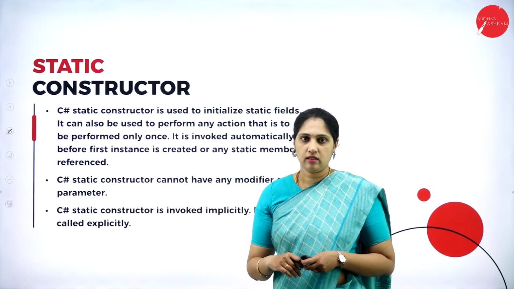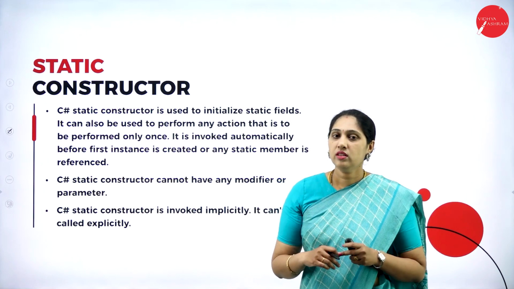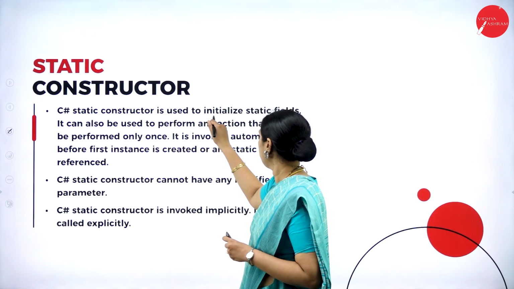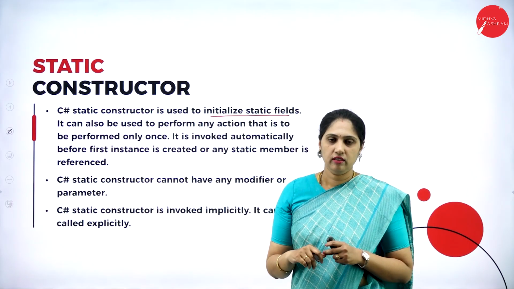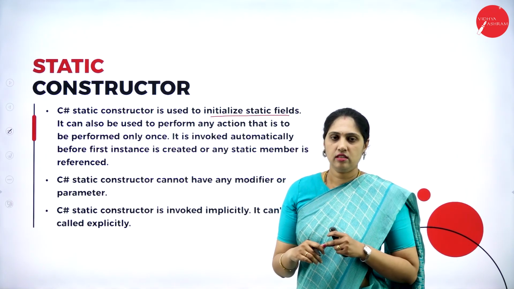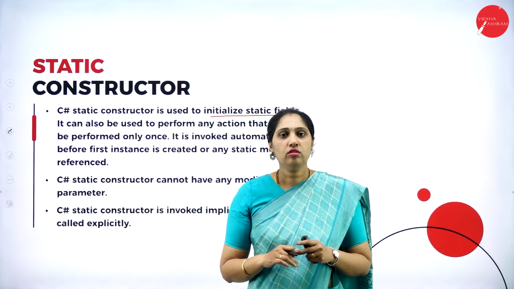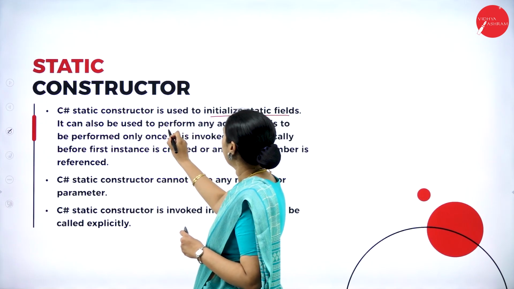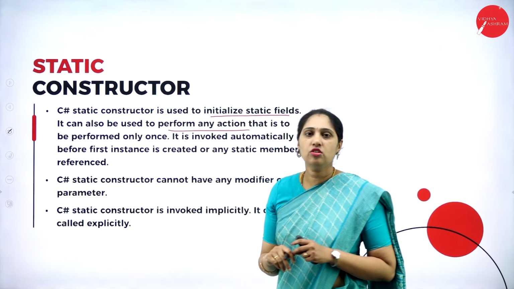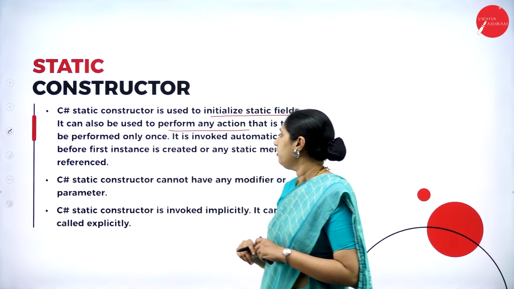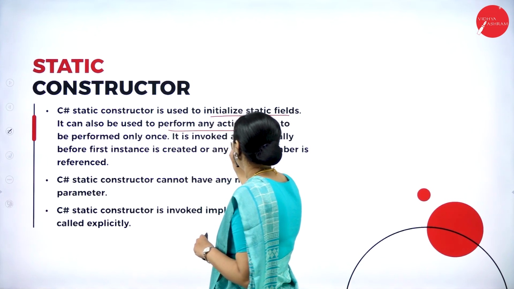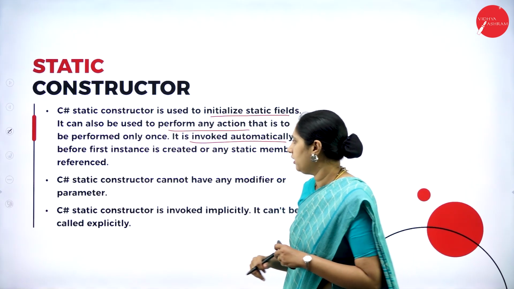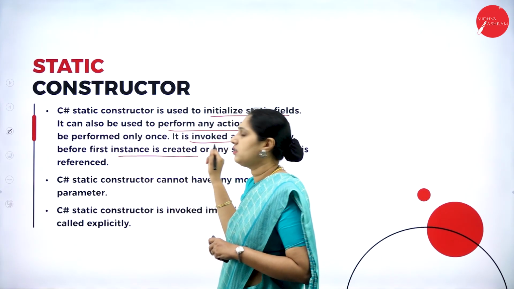Next, static constructor. We have already used the word static, but what is a static constructor? It is used to initialize the static field. See, if I want to use a static constructor, its goal is to initialize what field? Only the static field. It can perform any action that needs to be performed only once. Then, it is invoked automatically, before the first instance is created.